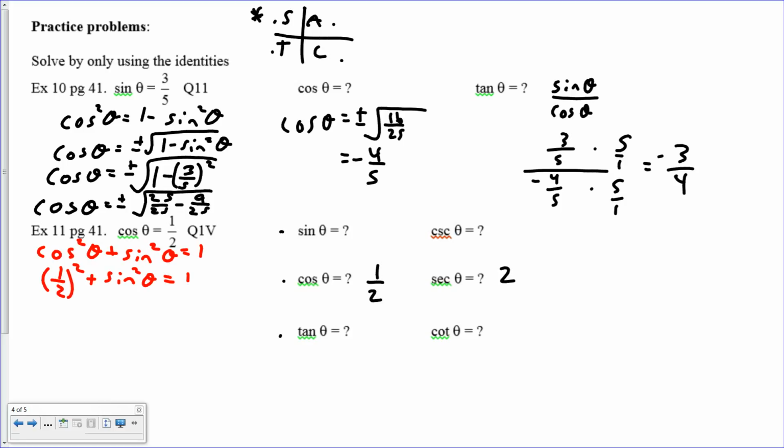So this will be 1/4. Subtracting 1/4 from both sides gives you 3/4, right? 4/4 minus 1/4, 3/4. Take the square root of both sides, and it's a plus or minus.